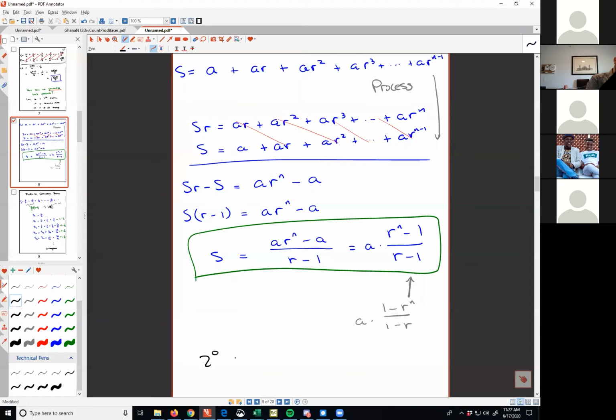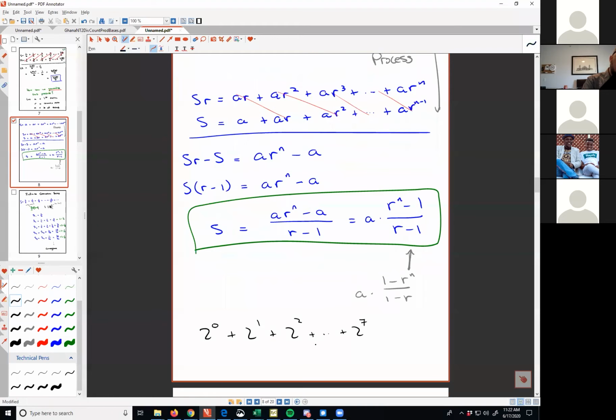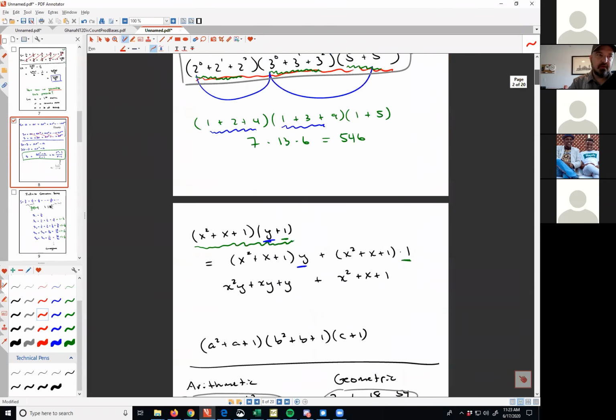If I add 2 to the 0 plus 2 to the 1st plus 2 to the 2nd all the way up to, I'll go up to 2 to the 7th power, our first term is 1, so it's equal to 1 times the common ratio to the 7 plus 1 power minus 1 over 2 minus 1. Does everyone see that? Yes.